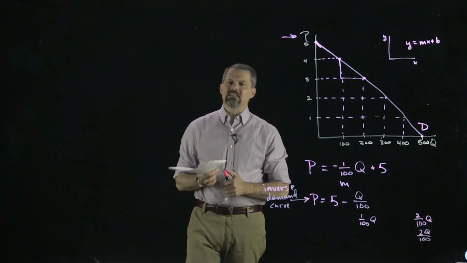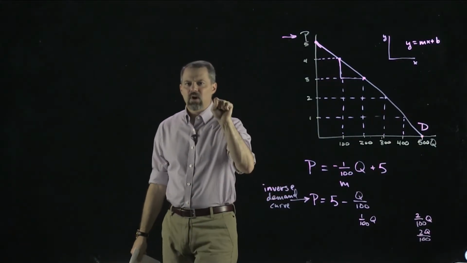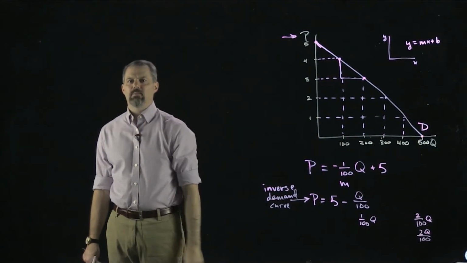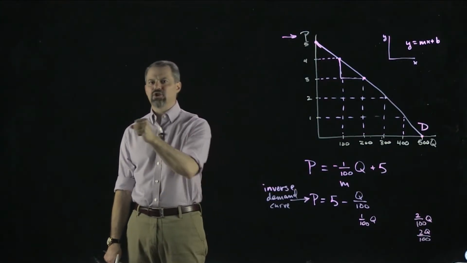The way you make the decision is that you look at price and then you decide how much to buy. P comes first and then Q.